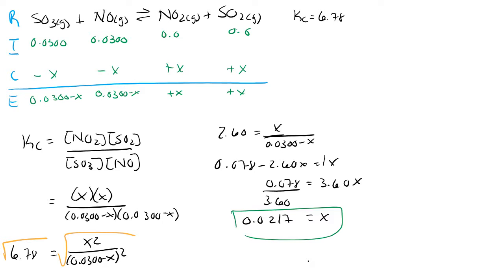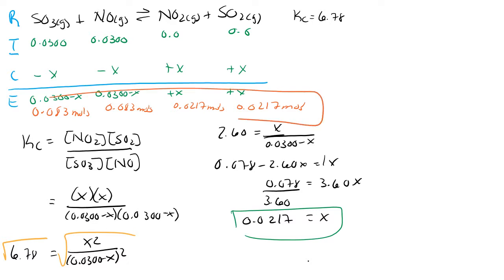And so our concentration for SO3 becomes 0.083 moles, and the others are 0.0217 moles. That's your answer. If you don't have a unit, you won't get the points. So make sure that you pay attention to the units that are given to you in that problem.